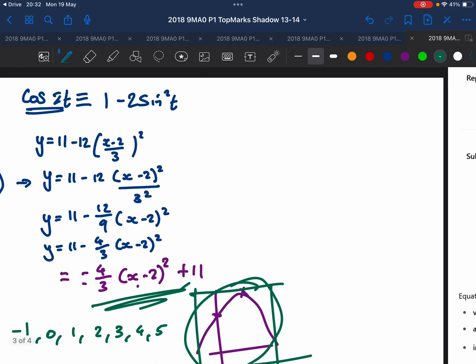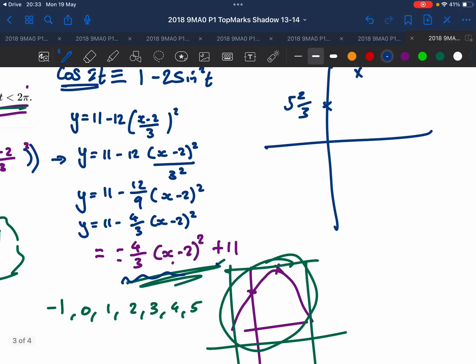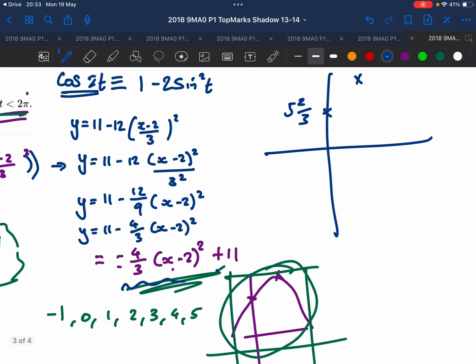So if I draw it a little bit more accurately for you, because I'm sure you're interested to know what it looks like at this point. If I expand out all the numbers, I can get the y-intercept. The y-intercept is not a nice number, so it's 5 2/3. At 2, 11, there's a turning point. And then I would check for the roots, and the roots are actually in between that.